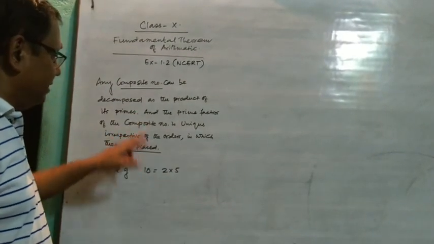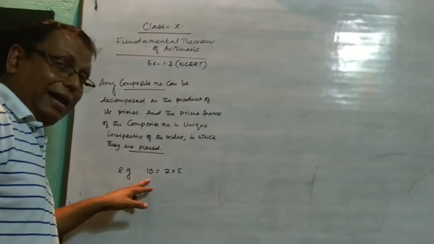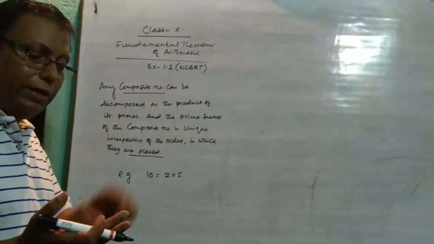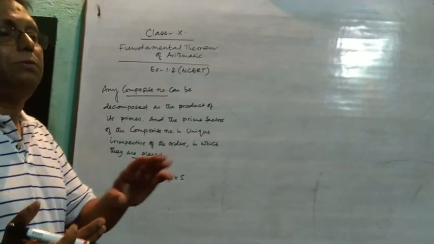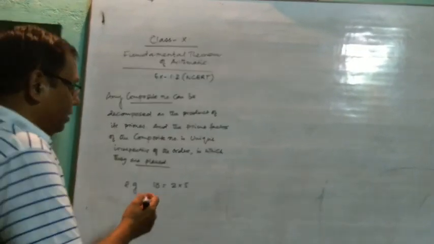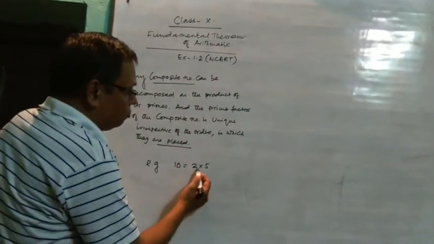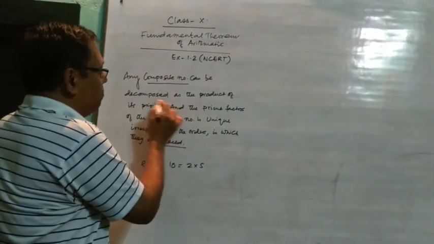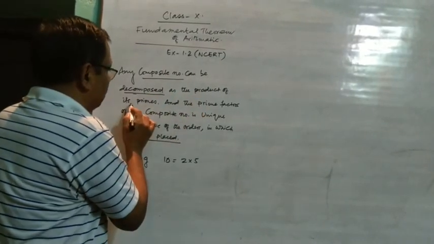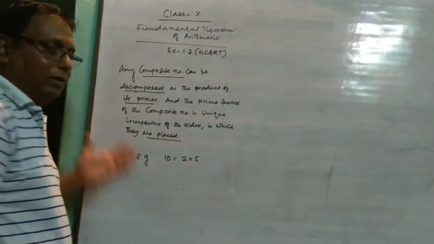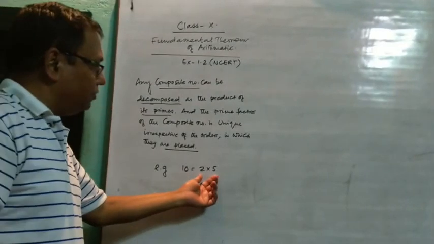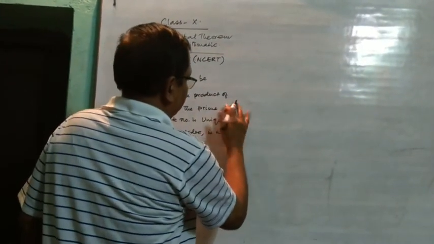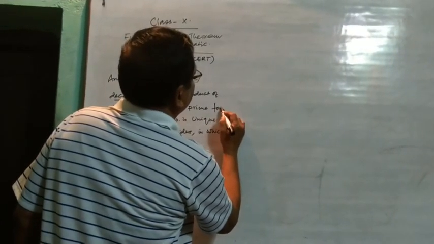So now you see, the composite number 10 is divisible by 1, 2, 5 and 10. So now 10 is equal to 2 into 5. Any composite number can be decomposed or split as the product of its primes. We have split it as the product of its primes, and this will be the prime factorization.